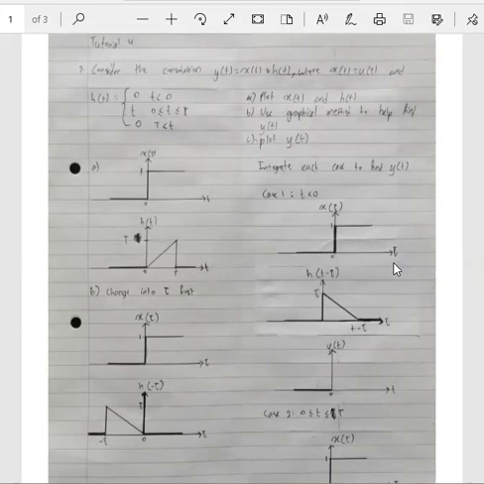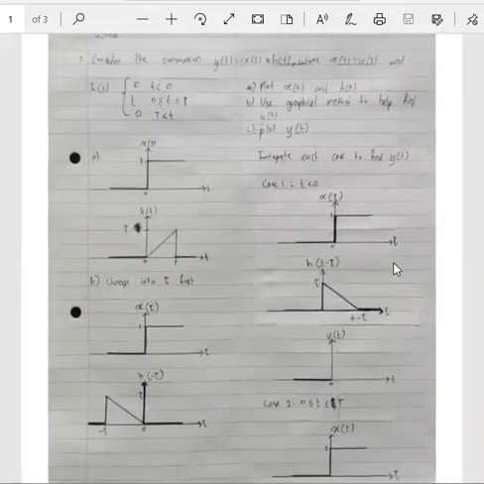Plot x(t) and h(t). At the beginning it's basic. x(t) is a step function and h(t) is plotted through the piecewise function ranges, and then we have to use the graphical method to help find y(t).